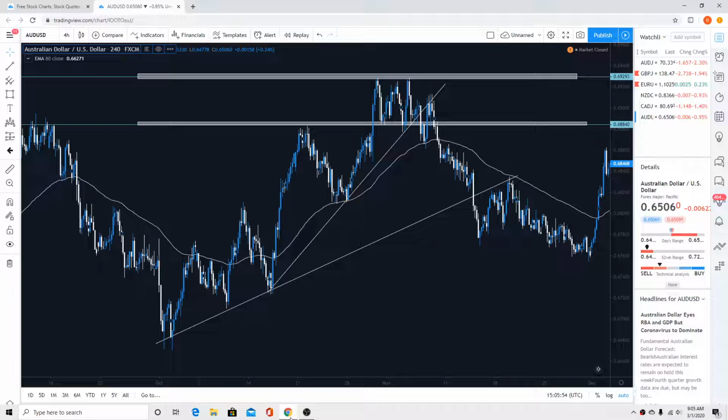I wanted to hop on here and make another video to clear up a few things that I feel like I didn't dive into enough throughout the academy. In this video, I'm going to talk about how to identify market structure and these key levels, so you can figure out the best times to enter.